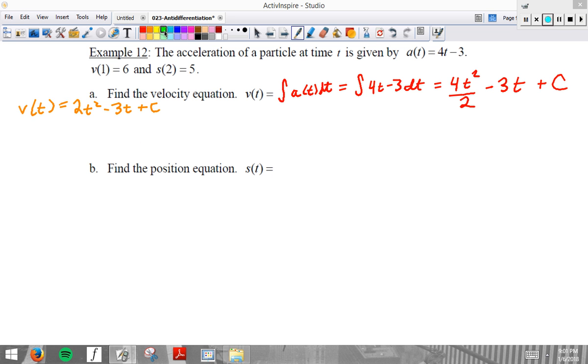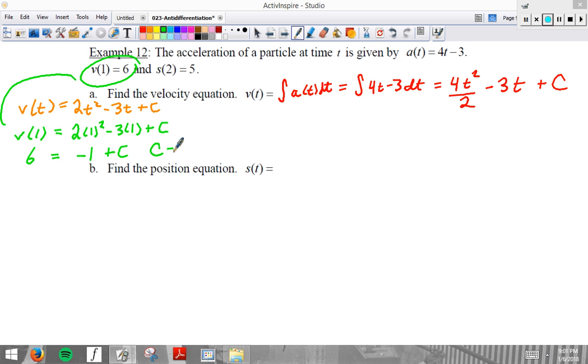Now we use the initial condition. V of 1 equals 6. Well, I know what v of 1 is if I replace all the t's with 1's. It'd be 2 times 1 squared minus 3 times 1 plus c. So 6 equals 2 minus 3, negative 1, plus c.